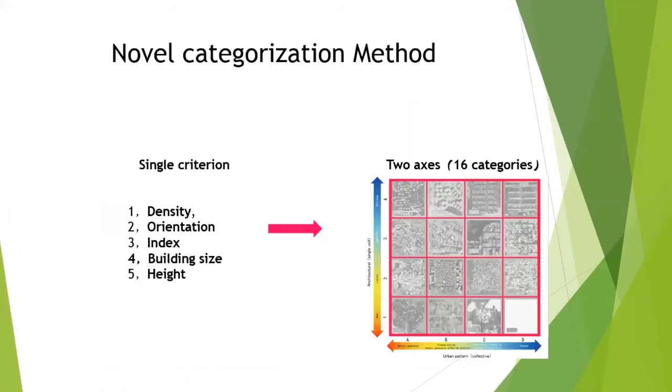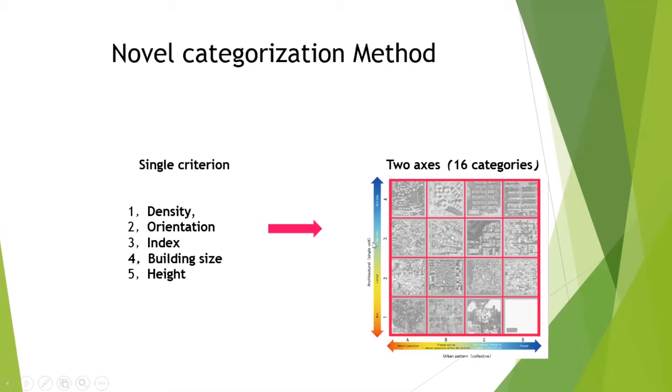So how is the novel categorization different? Earlier they used a single criterion like building density, orientation, index, building size and height. But in our proposed novel categorization, because the environment is much more important now, we categorize it into two different axes. One axis is the building quality, architectural, and the other is the road generation, that is, how the roads are built.